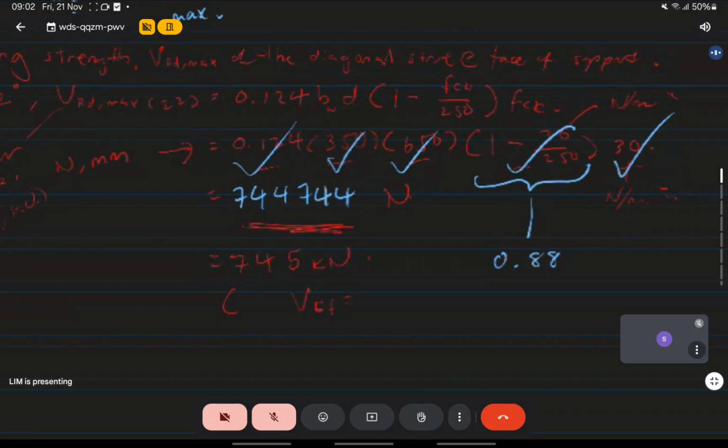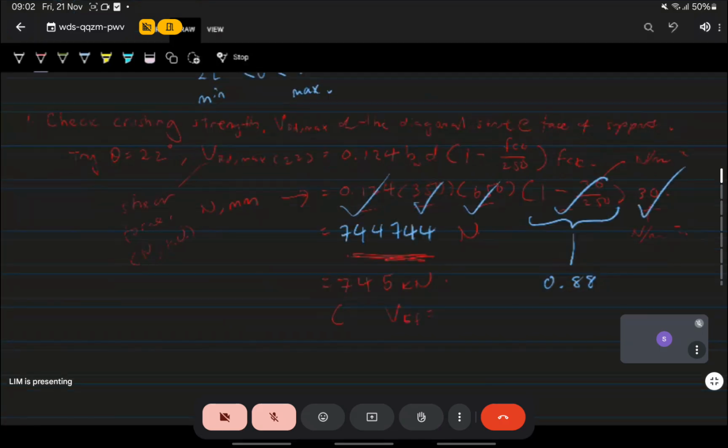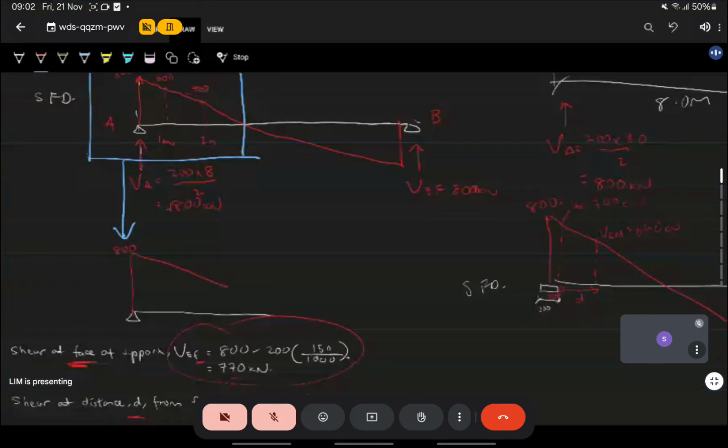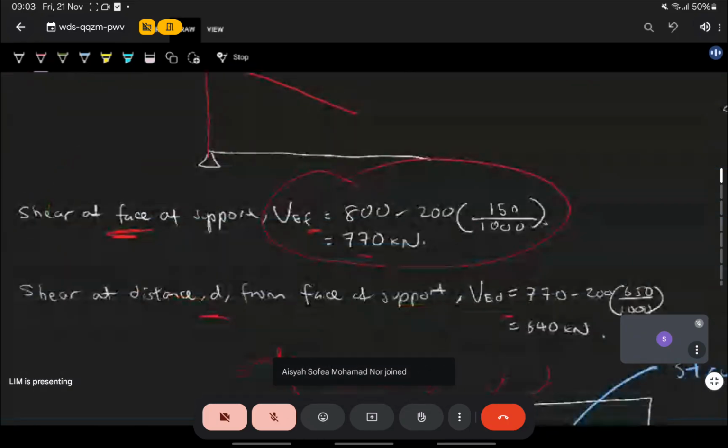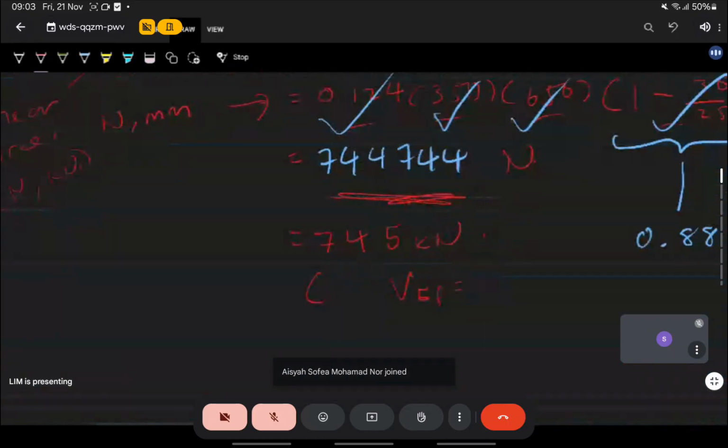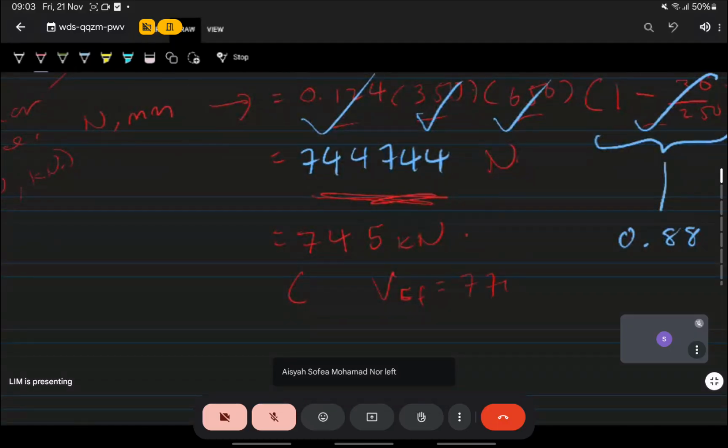VEF, we calculated earlier, how much? There, 770, not 700, 770. Okay, we calculated VEF here. So VEF is 770.